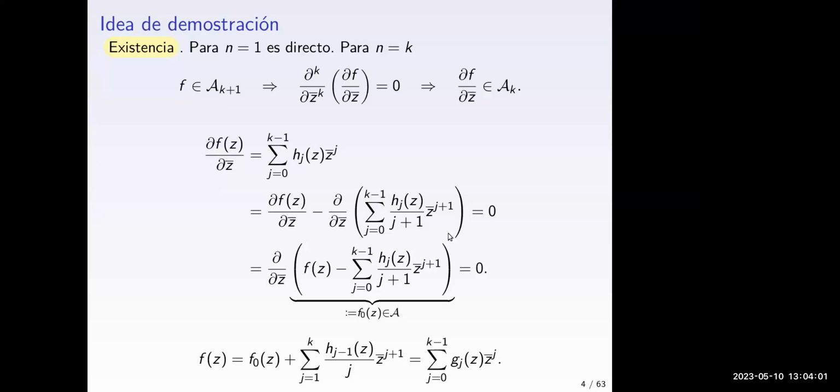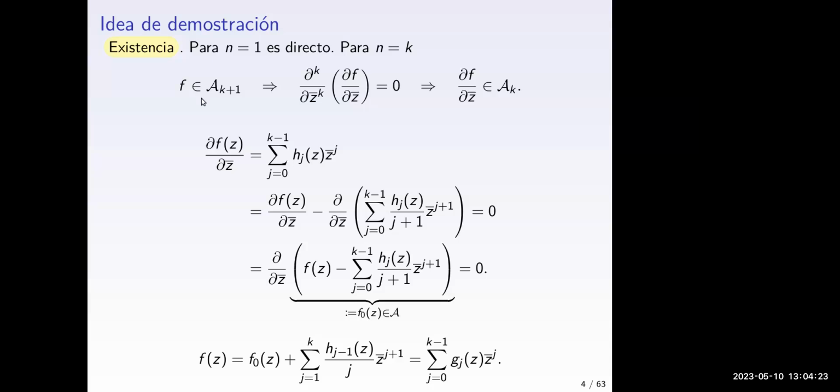And we have here an idea that I explained in the last session. We just try to solve the equation by an argument in steps.